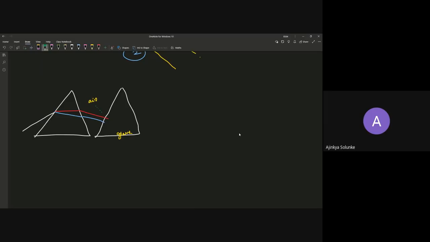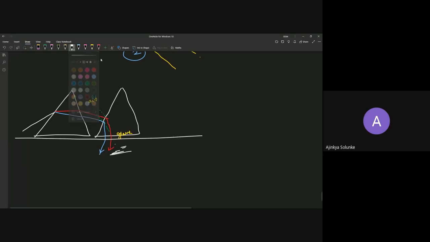Give me the answer fast. It is going to bend towards the normal, right? So our light will go to the bottom side then, correct? But then we won't be able to study this experiment because the light is going inside the surface of our table.